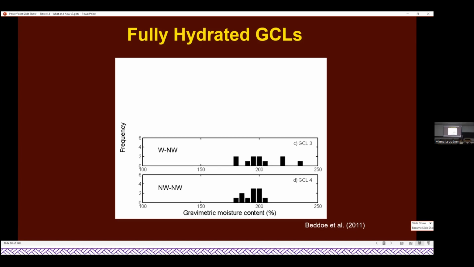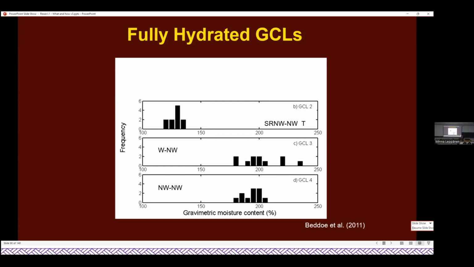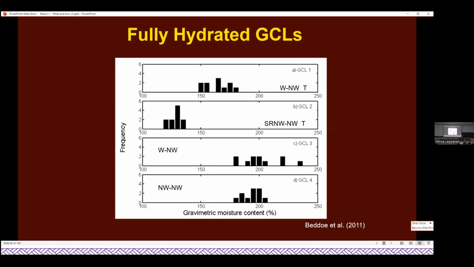This is from the same manufacturer, but with a woven carrier, and you can see that that makes a difference to the statistical distribution of water contents, with an average of around 210. This is scrim reinforced and thermally treated, and it's hydrated about 125%.